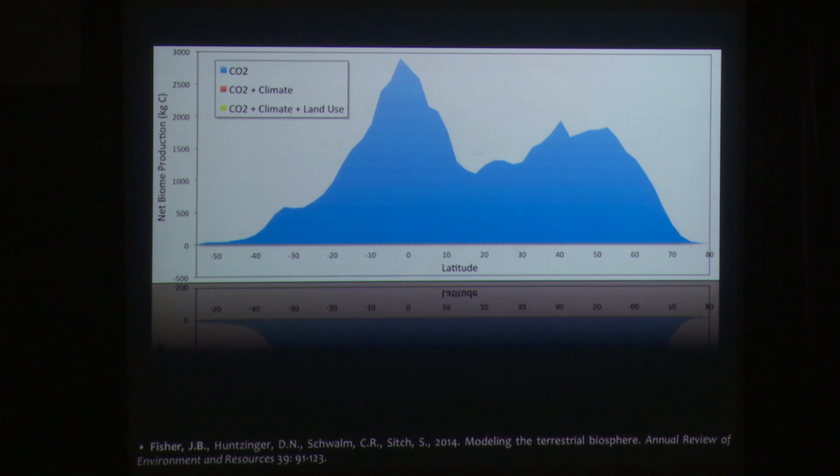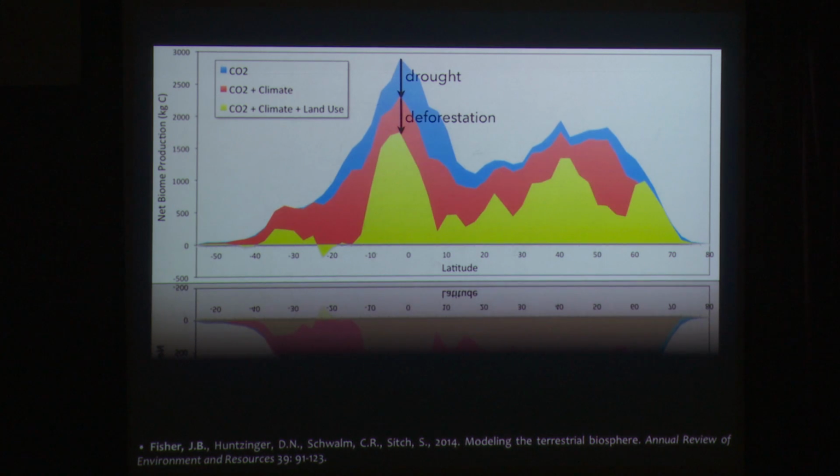And if you just looked at CO2, CO2 is great. Plants love CO2. But if you throw in climate, such as droughts, you start to lose the amount of carbon taken up. And then if you throw in the human component, the land use component, like deforestation, you start to lose even more. So you can start to see that a little bit with models.